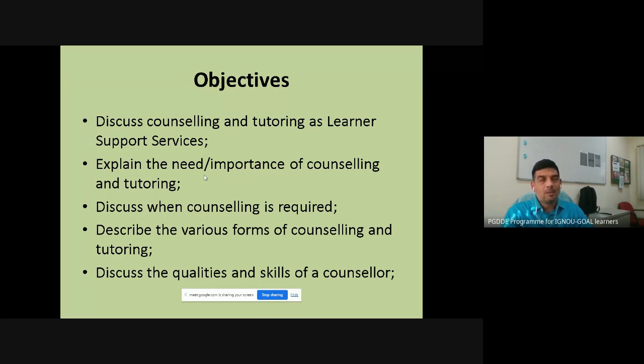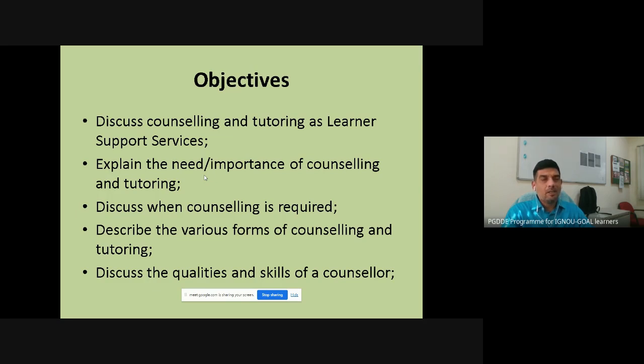build up yourself as one of the effective counselors in the open and distance education system, and you should be in a position to even choose some academic counselors or tutors, or differentiate between these concepts, and help the distance learners if you are given any opportunity to work in any of the ODL institutions across the globe.